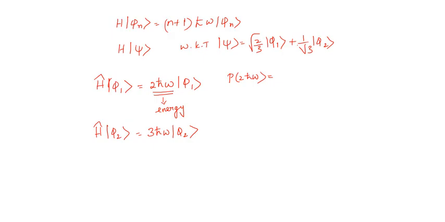So probability is the modulus of pi 1 into psi squared, divided by psi psi. This is the formula for getting the probability of getting the 2 h cross omega energy on measurement of the wave function psi.